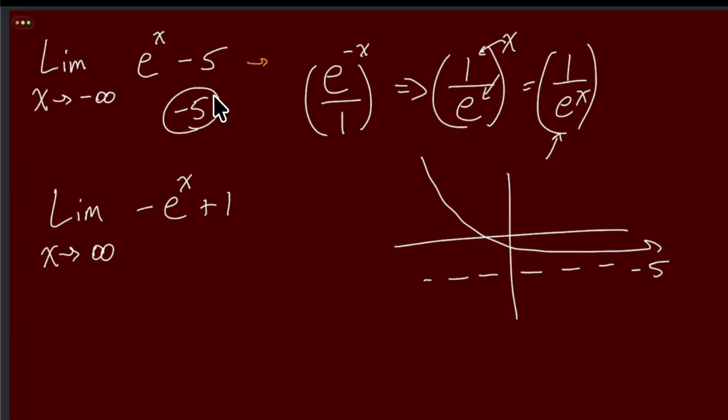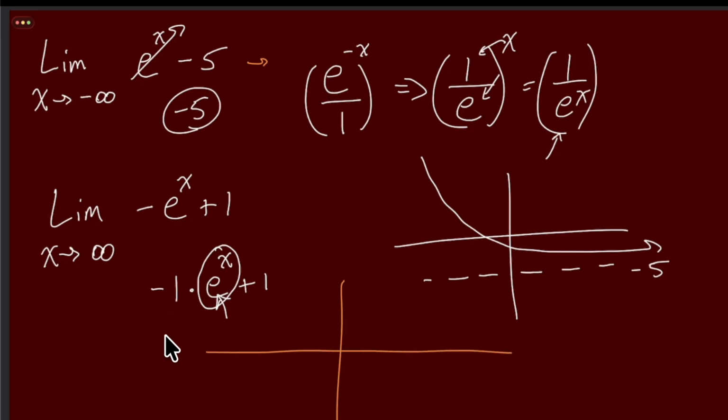Another way to think of it is that this would just go to 0. Down below, we're going to rewrite this as -1 times e to the x plus 1. So this is still a growth function because the base is positive. However, that negative causes a reflection over the x-axis.